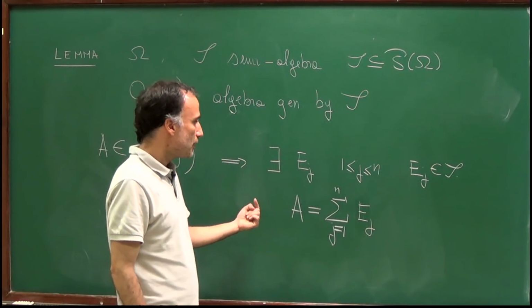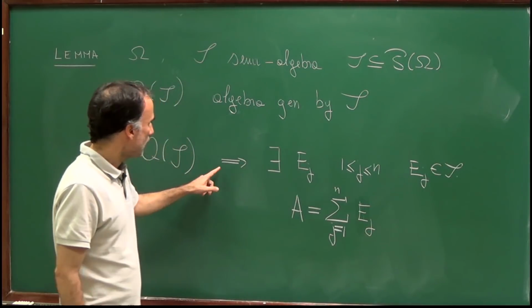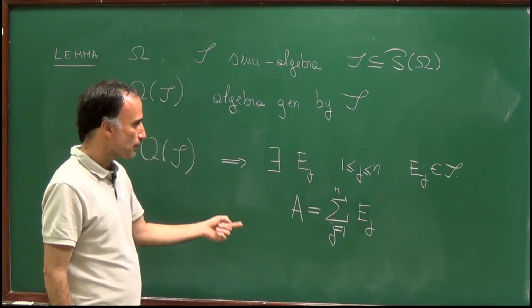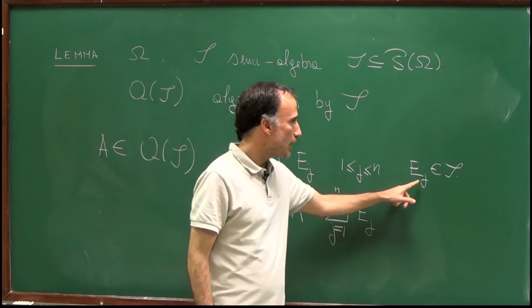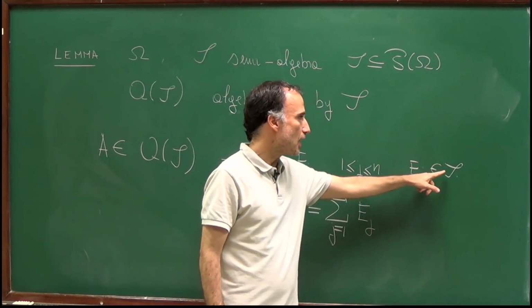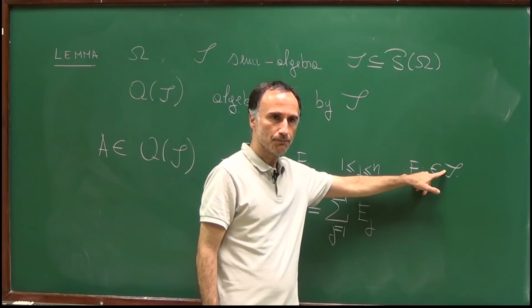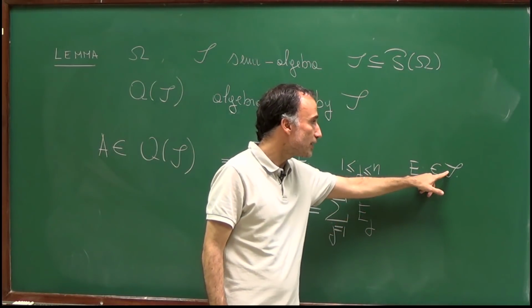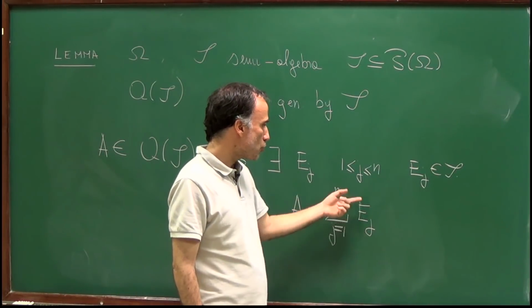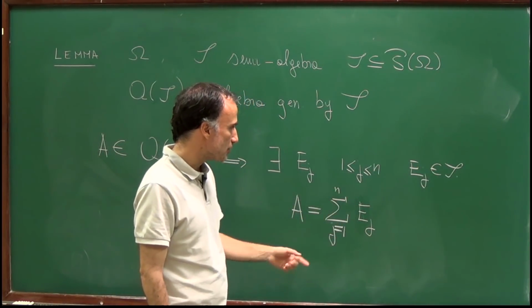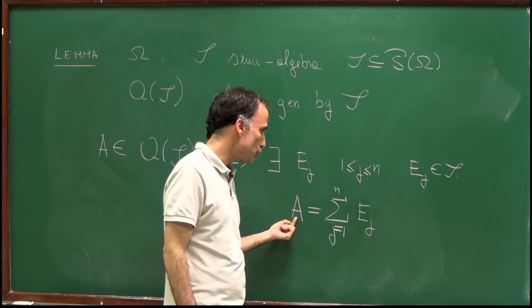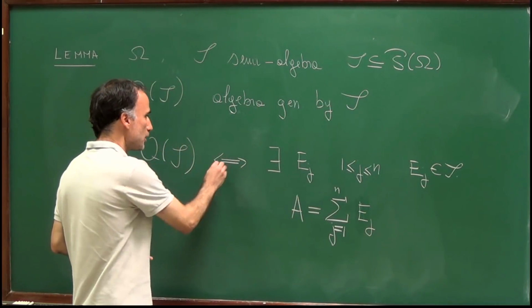And the opposite direction of this claim is obvious. If the E_j are elements of the semi-algebra, they are also elements of the algebra generated by S, because the algebra generated contains S. Since the algebra is closed under finite intersections and complements, it's also closed under unions, and therefore A belongs to the algebra generated.